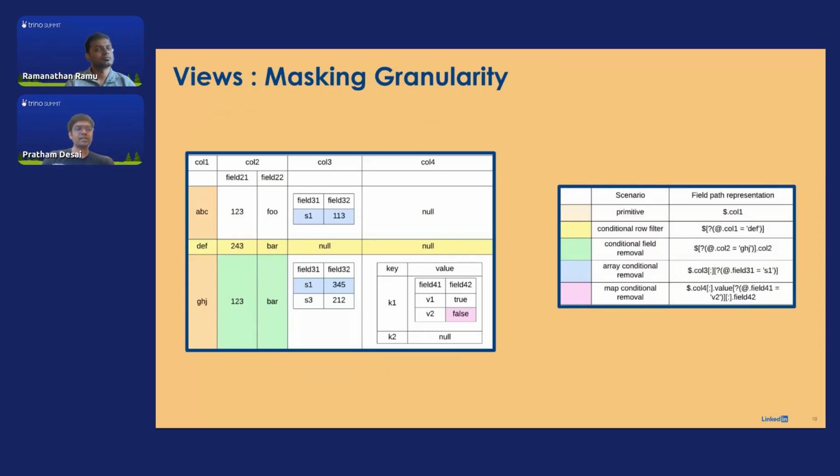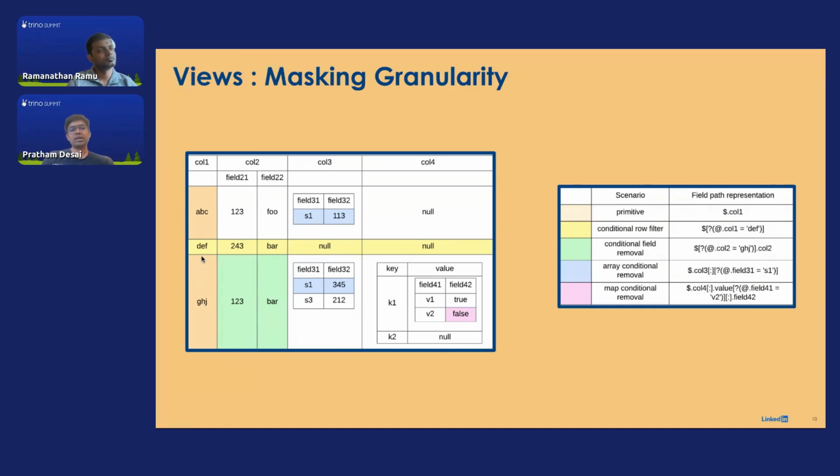Let's now take a look at the masking granularities that are supported by DataGuard. In this example, we have different layers at which the fields can be redacted. The primitive column, which is column one, is just a varchar. If we want to redact all of that, that is supported through data masking views.